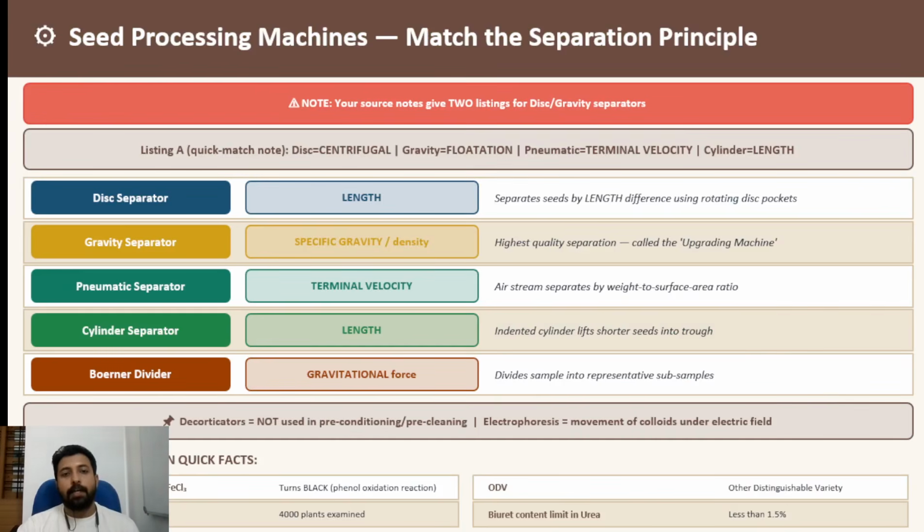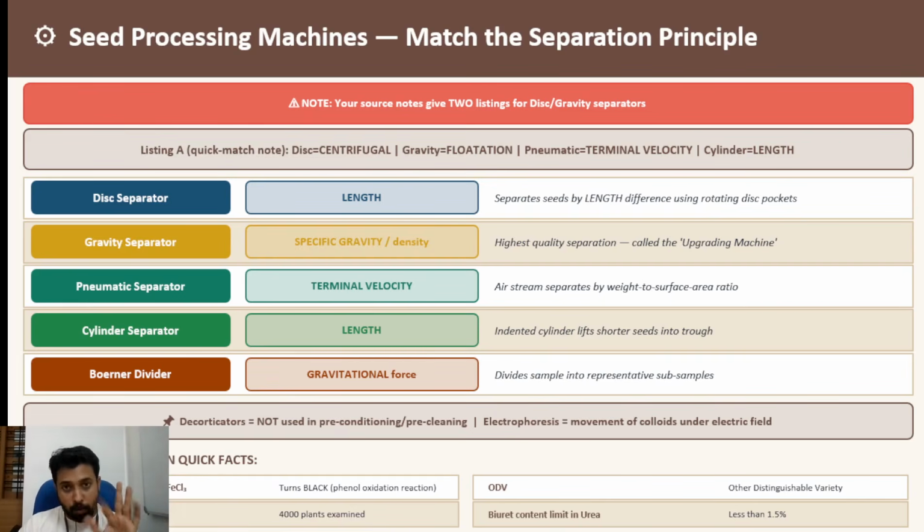Okay, right. Then coming to the seed processing machines, I told you what all things you need to study. First of all, the machine name. Second, what parameter related to seed it measures. Third, which mechanism that machine follows.